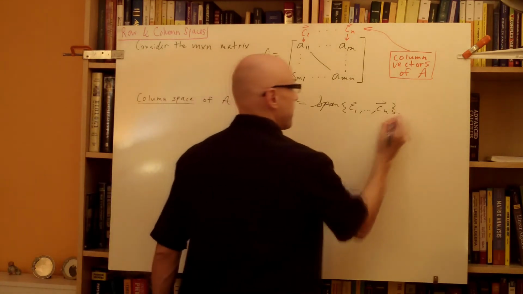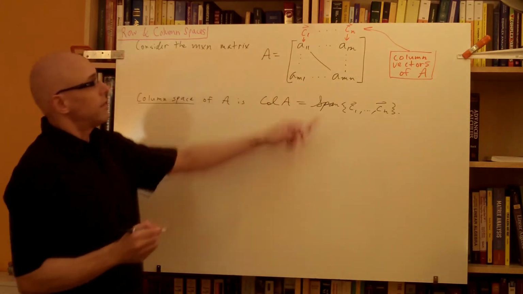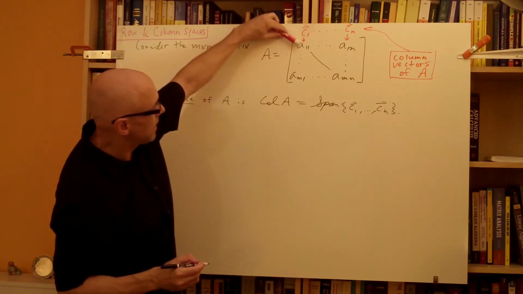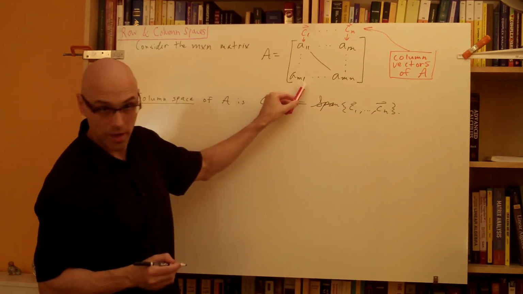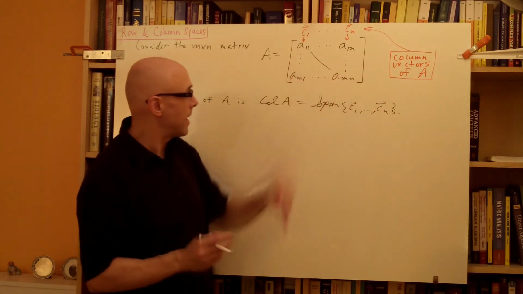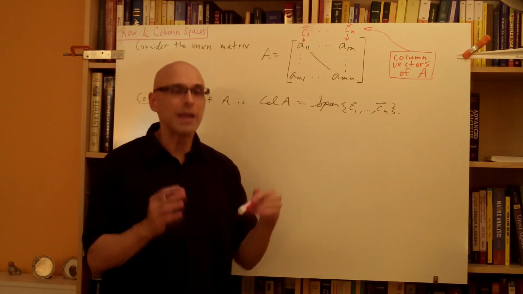Now each column vector of A, like C1, has components A11 down to AM1, so C1 and all these other column vectors of A are in fact vectors in Rm.